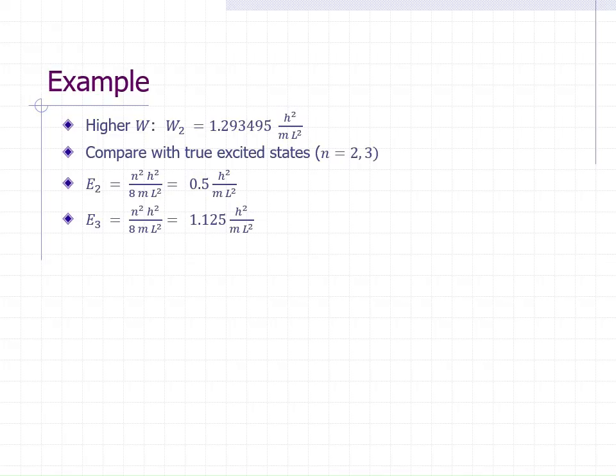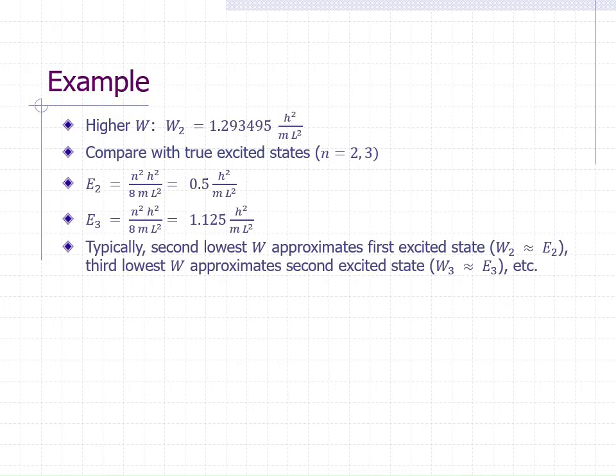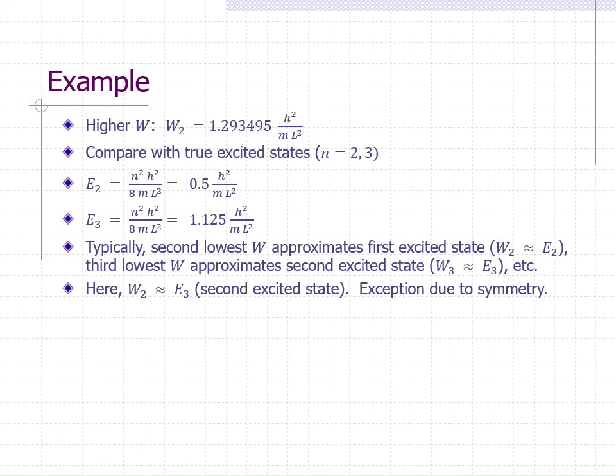In general, especially for larger basis sets, the second lowest value of W approximates the first excited state. The third lowest value of W approximates the second excited state, and so on. Here, however, we find that W sub 2 is approximately equal to E sub 3, corresponding to the second excited state.